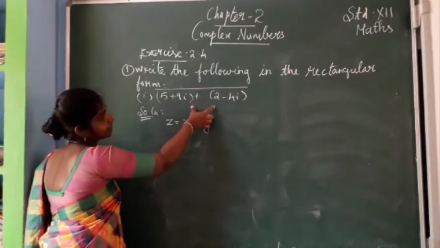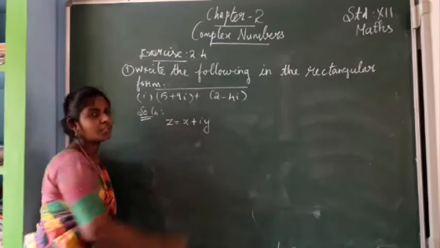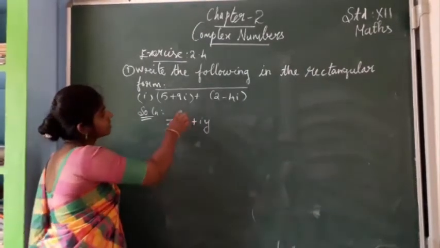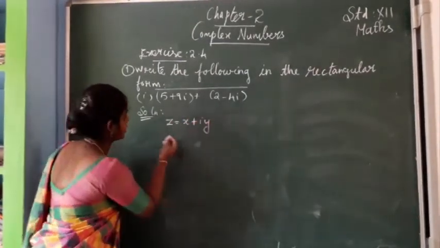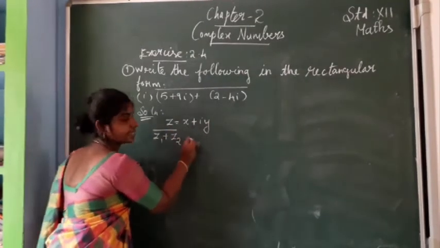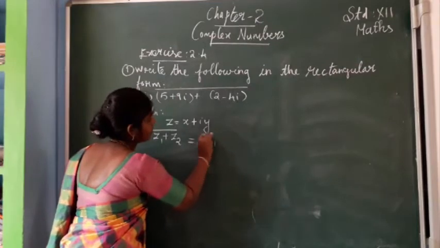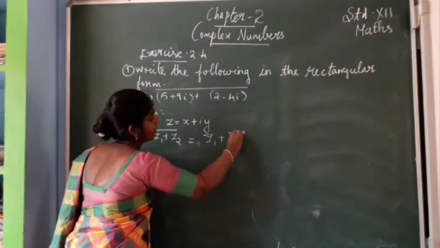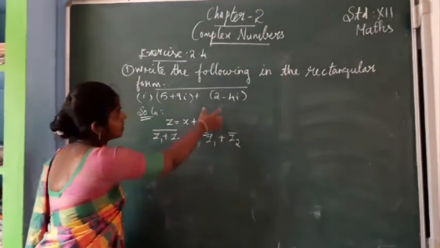So what is the question given? We have the first property: (z1 plus z2) the whole bar is equal to z1 bar plus z2 bar. You can use this formula in this question.